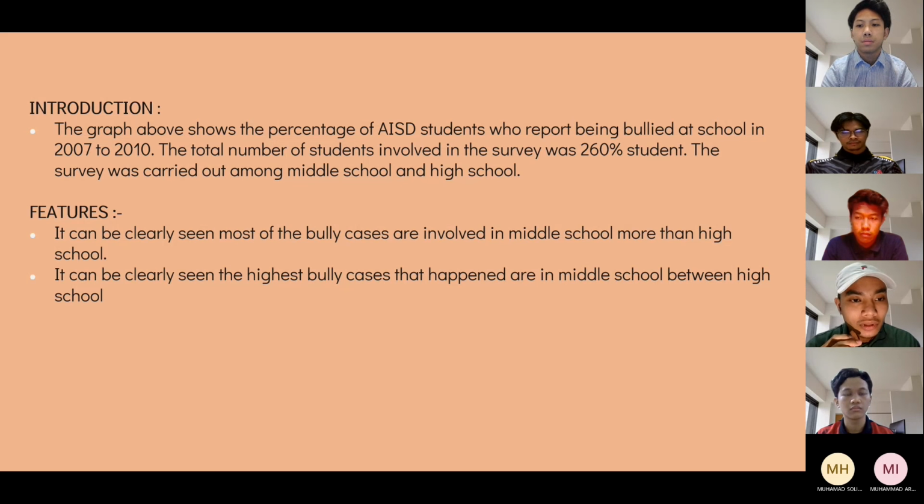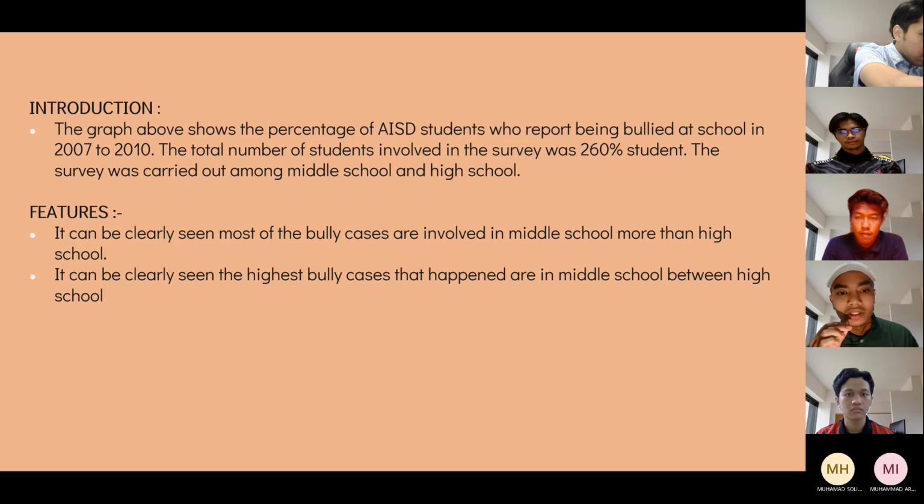So the graph above shows the percentage of AISD students who report being bullied at school from 2007 to 2010. The total number of students involved in the survey was 260 students.